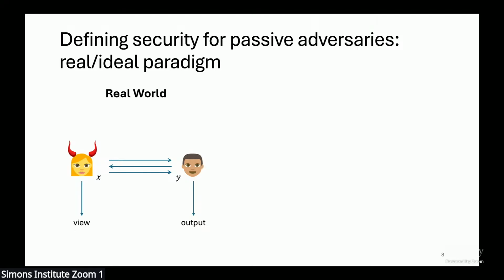Ideally, we want that this protocol doesn't reveal to the corrupted Alice anything more than she can compute, given the input and the output of the function evaluated on the two parties' inputs. And this is maybe not so intuitive a concept to define formally: what does it mean to not learn something?